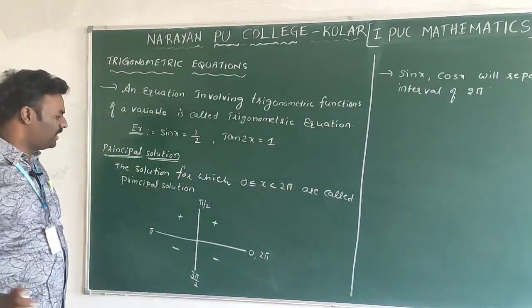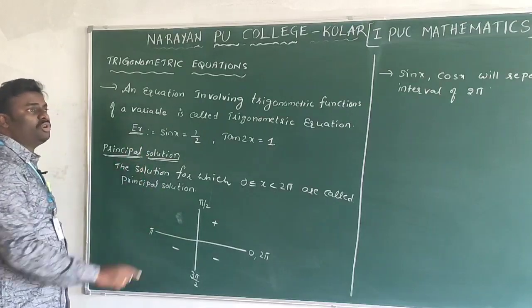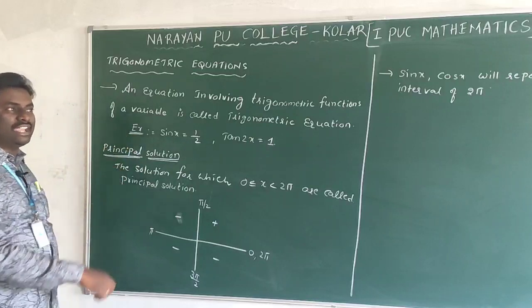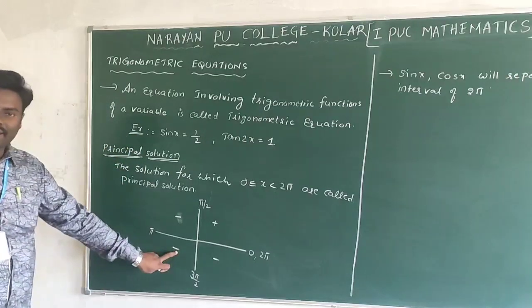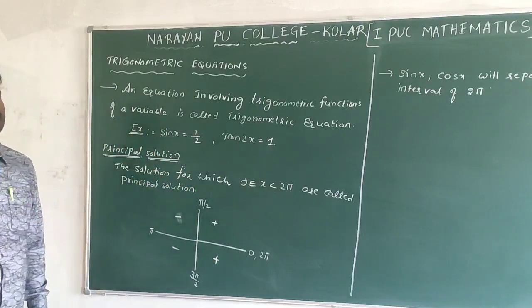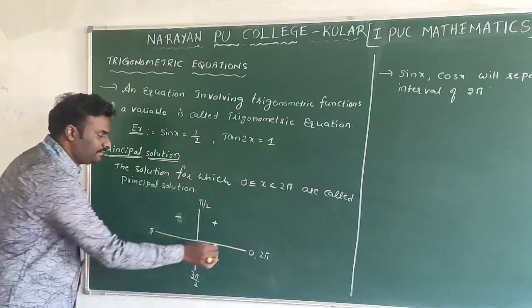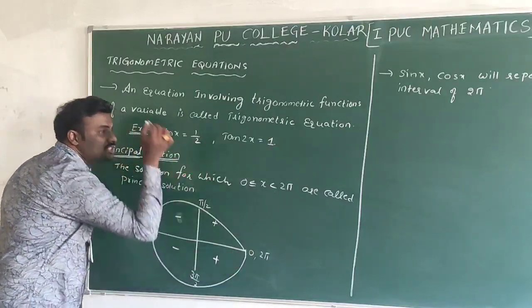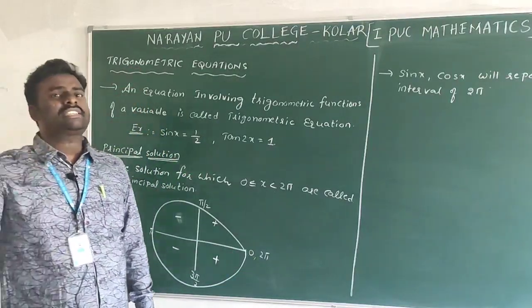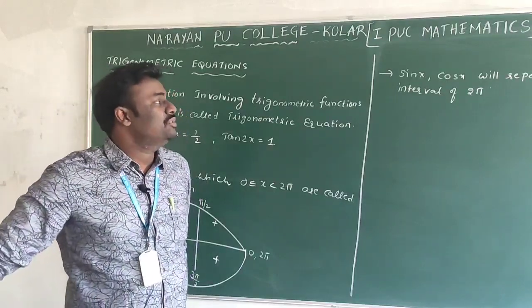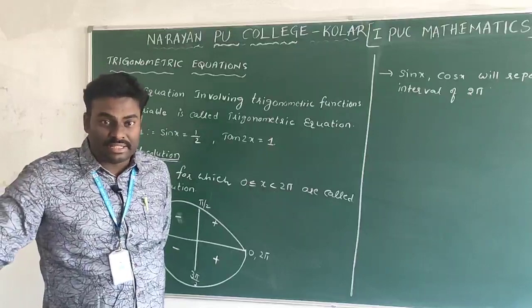Similarly, the cos function is positive in the first quadrant, negative in the second, negative in the third, positive in the fourth. After this complete revolution only, the cos x values will repeat.